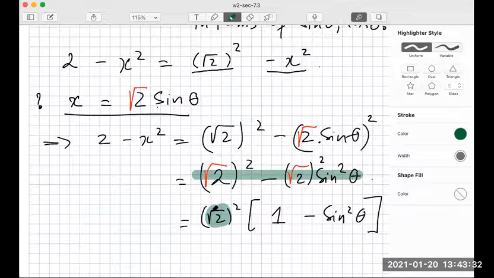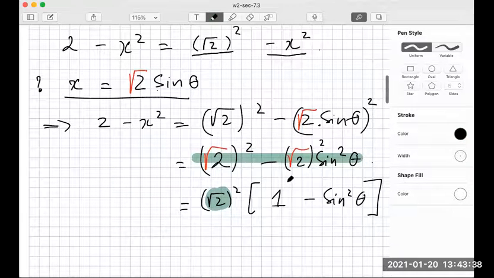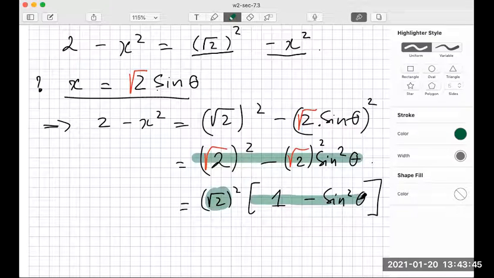Yes, because here, at the end, we want to factor a parameter such that the thing here is 1 minus sine square. So the target here, we write 2 as square root of 2 squared so that we can see this parameter, square root of 2, easily.